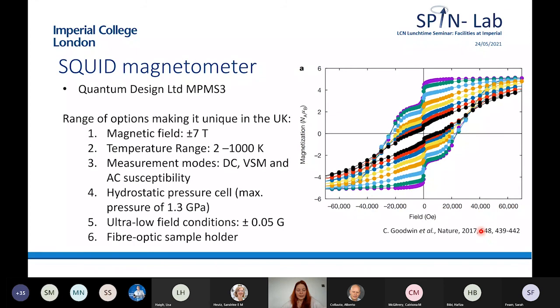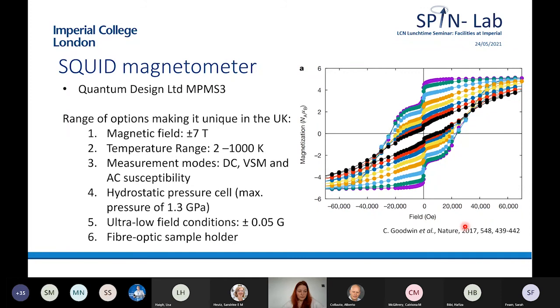Three measurement modes are available: DC, VSM, and so on. Depending on the sample or result that you would like to achieve, it will depend which one will be the best, but there are options. Hydrostatic pressure cells allow measurements under pressure of a maximum of 1.3 gigapascals.